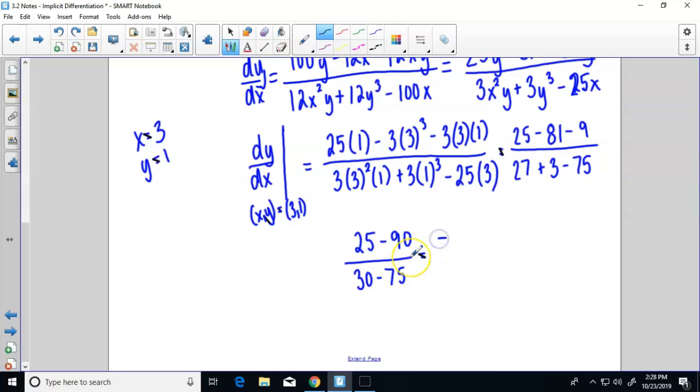So this is going to give you negative 65 over negative 45. Both of those are divisible by 5, so if you divide them by 5, you'll get 13 over 9. So your slope at this point is 13 over 9.